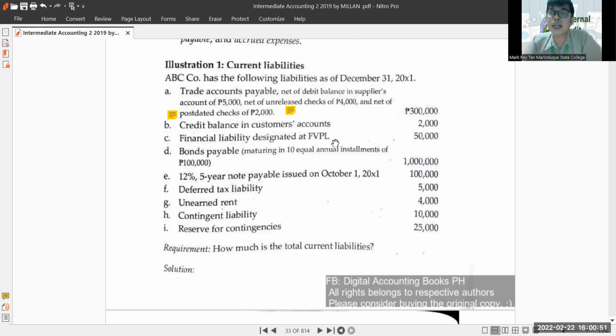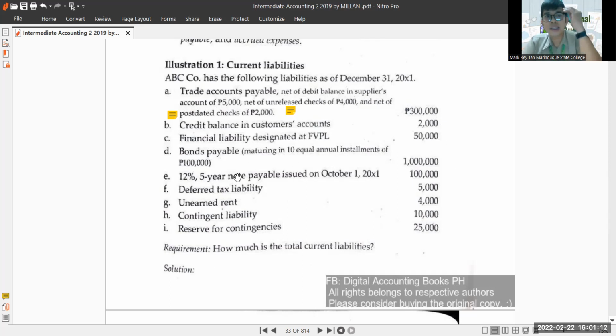Ang counterpart niyan is financial liability designated at fair value through other comprehensive income, so FVOCI. Yun naman ay non-current. Okay? So letter C, current din.